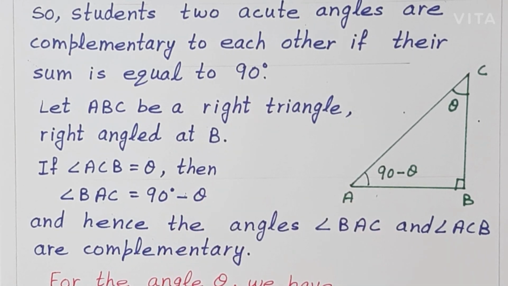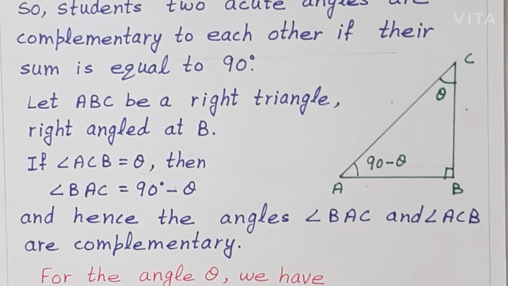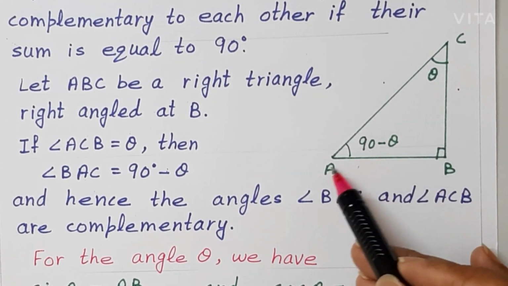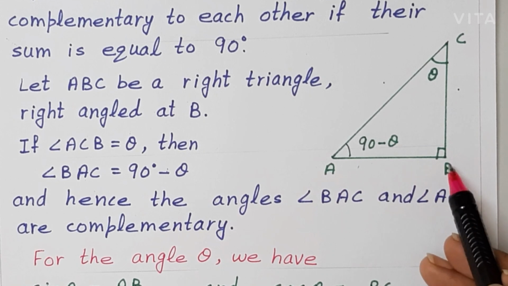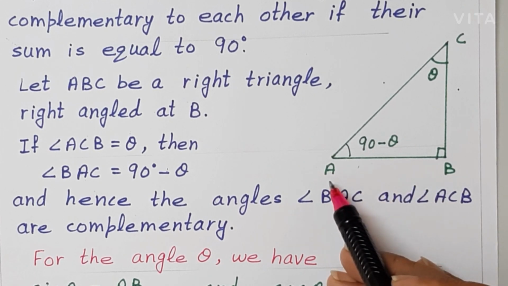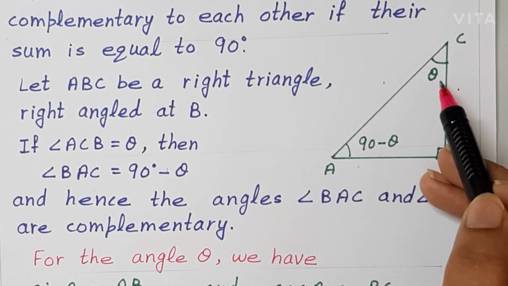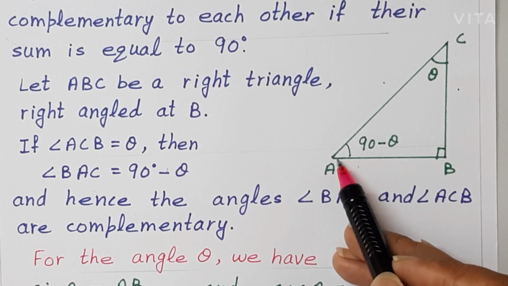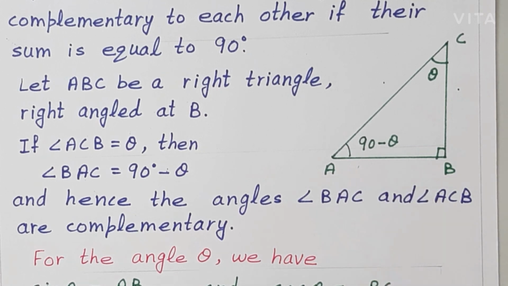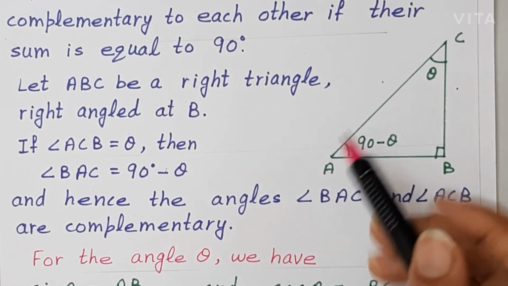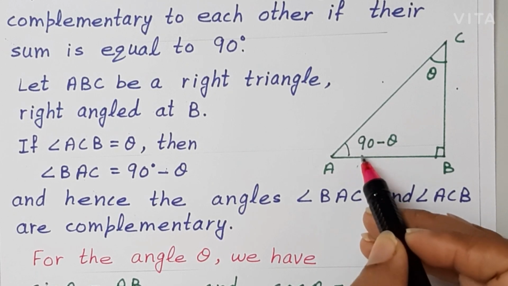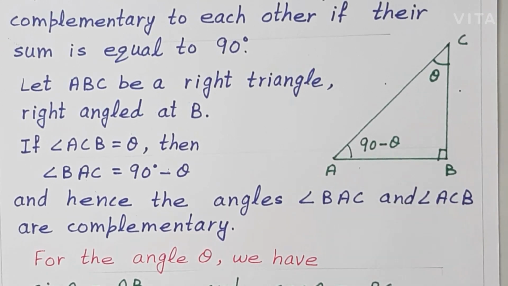Clear? Now let us consider a right angled triangle where angle B is 90 degrees and suppose angle C is theta, then angle A will be 90 minus theta. Now children, why have I considered this as 90 minus theta?